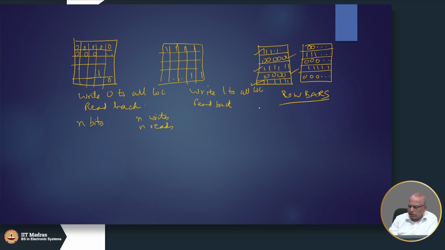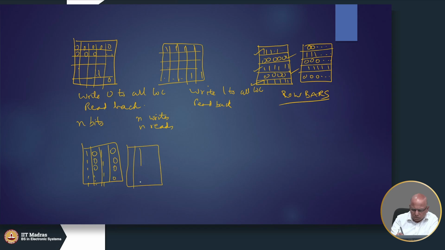A little more fancy pattern. We can write column bars also. You can imagine that I can write column bars. So I can then flip and write zeros here and ones here. Zeros here, ones here.